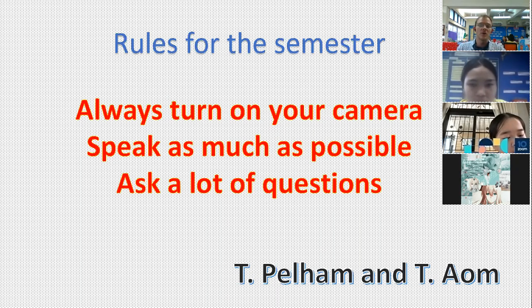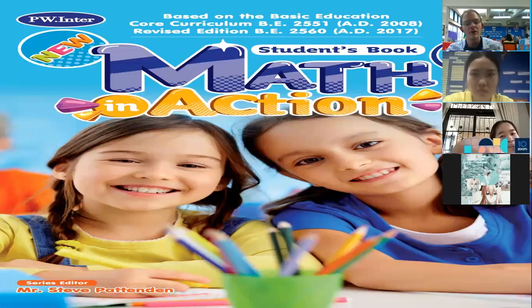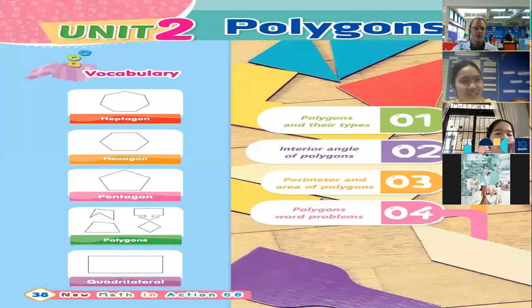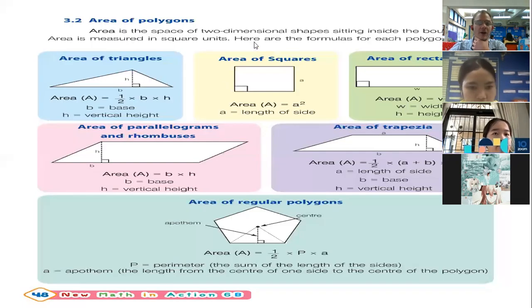Okay, so let's jump right into it. As per last week, we talked about some word problems and also the importance of word problems and how we can answer them. The first part we looked at was word problems surrounding the perimeter of a polygon. Now today we're also going to still carry on with word problems, but today we're going to look at the word problems around the area of polygons.